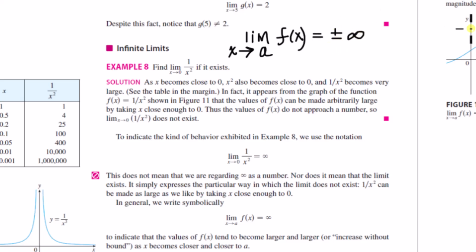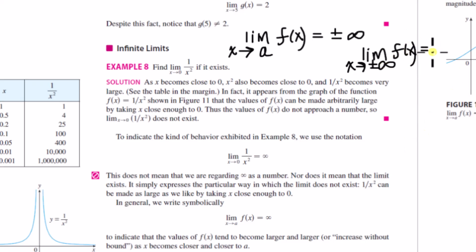Now you don't want to confuse this with what's called a limit at infinity, which we'll discuss in section 2.6. Limits at infinity are different than infinite limits in that a limit at infinity is where you're saying the limit as x approaches positive or negative infinity of a function.